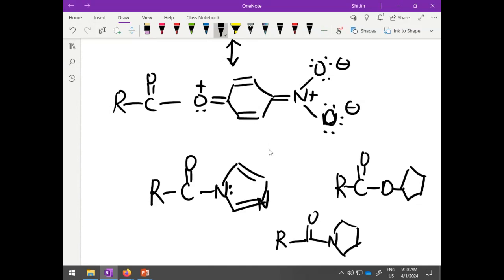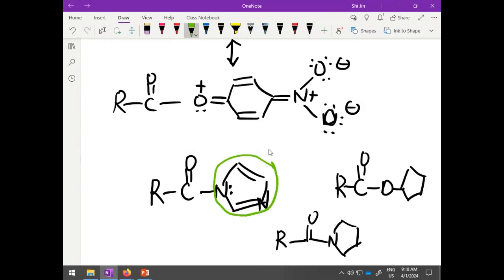How are you going to rank these three? How about their carbonyl stability? Let me give you a hint before you answer.